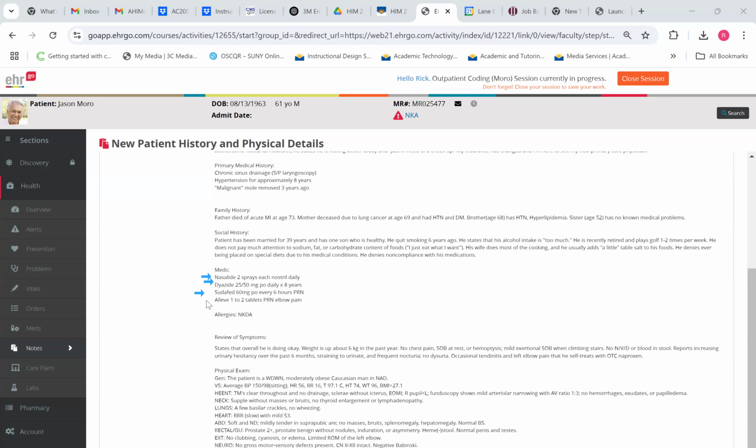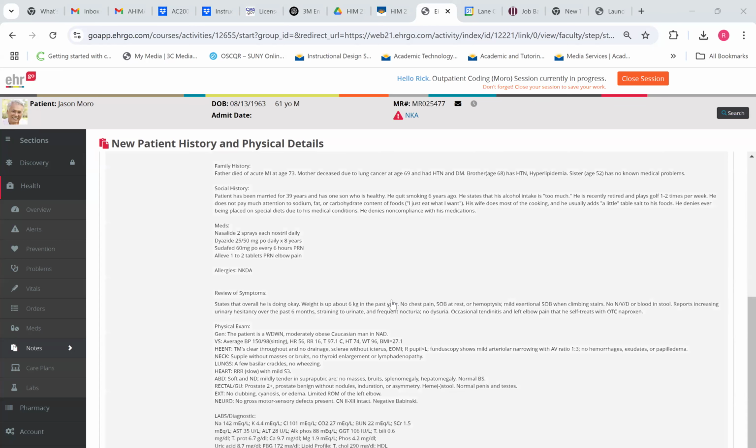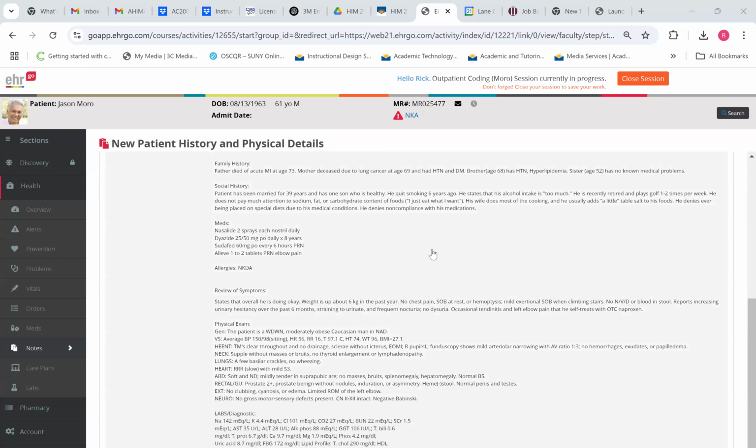Sudafed, and Aleve for his elbow pain. The coding guidelines say to code things that are assessed and managed. Let's see what we have that's assessed here and managed.